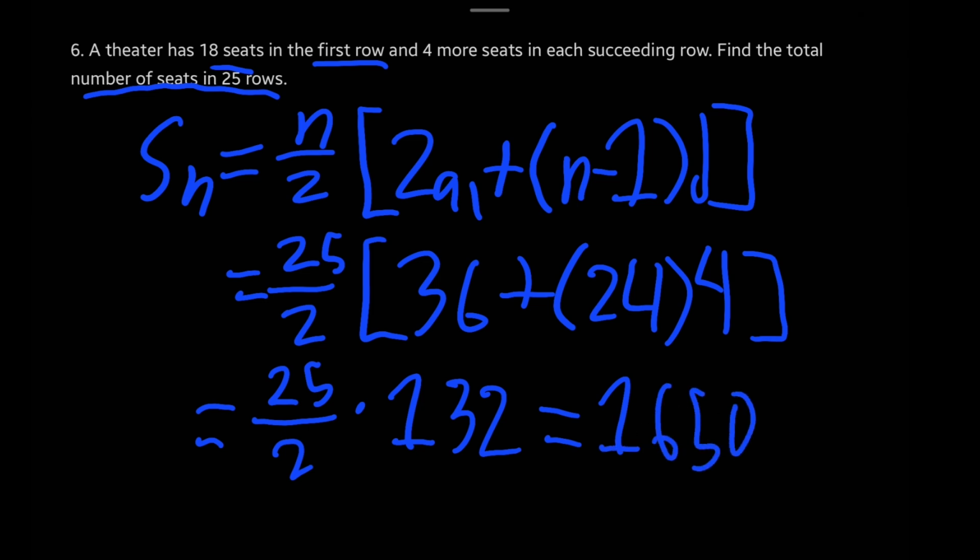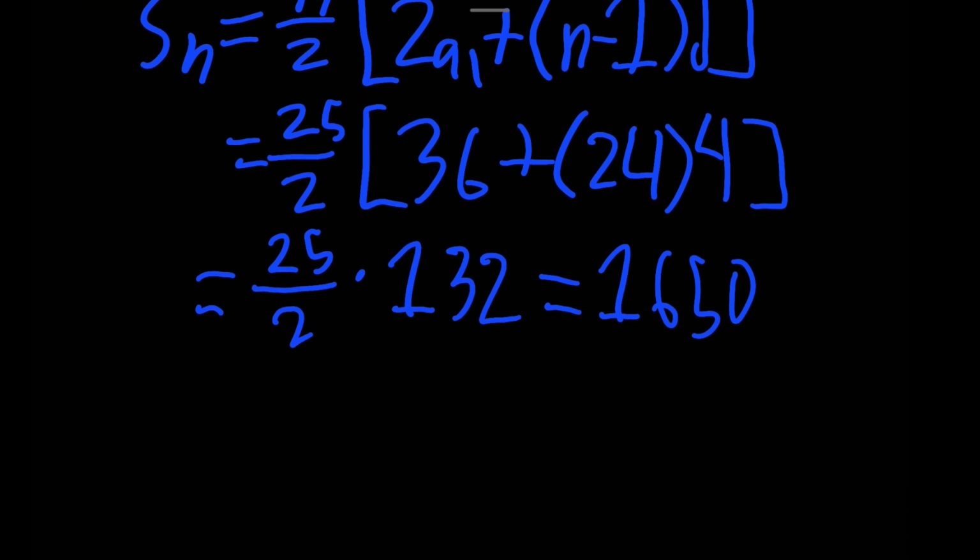So from the first row to the 25th row, there are a total of 1650 seats. So quite easy.